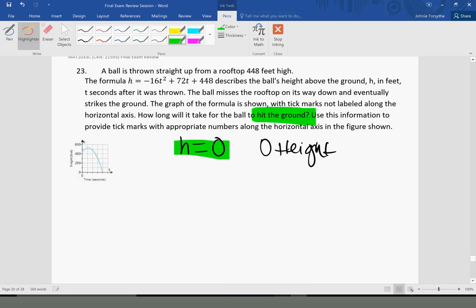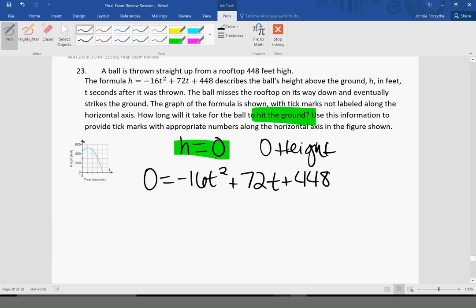That's what that means. So that's going to be 0 equals negative 16t squared plus 72t plus 448. So we're going to solve for t. What is the time when the ball hits the ground? What is the time when the height is 0?